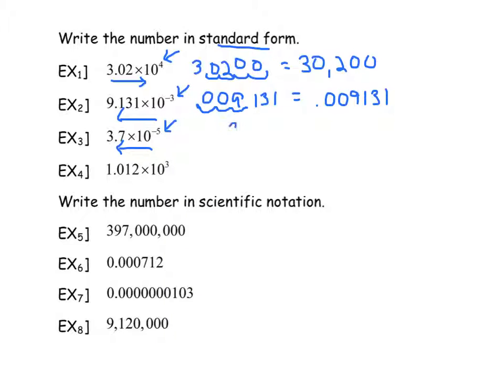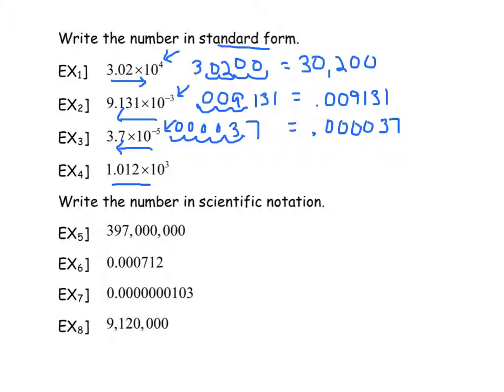Practice 2 more. This one is a negative exponent, so it's going to move to the left. So I write the number, and the 5 tells me to go to the left because it's a negative. So I'm going to go 1, 2, 3, 4, 5, and add 4 zeros. So that number, again, negative exponents are used to write really, really small numbers. So I have 4 zeros, and then 3 and 7.